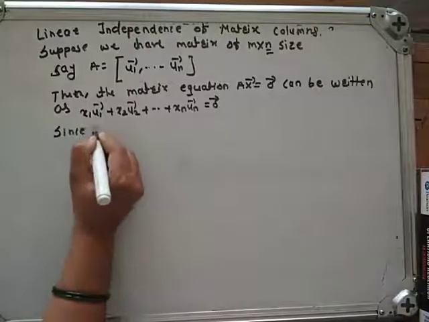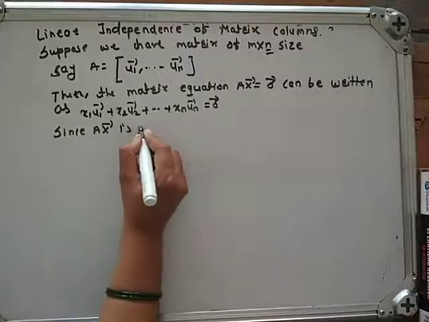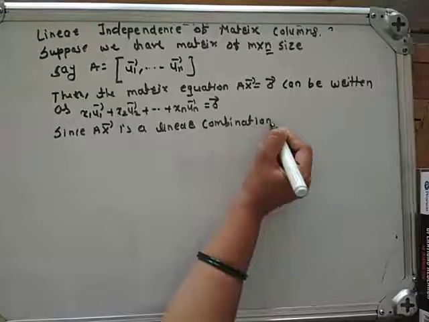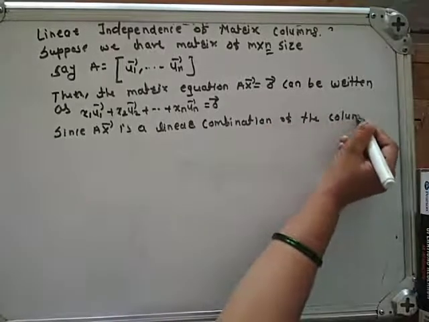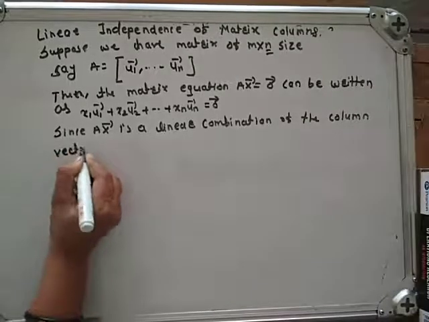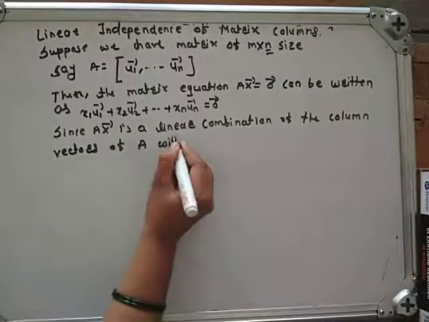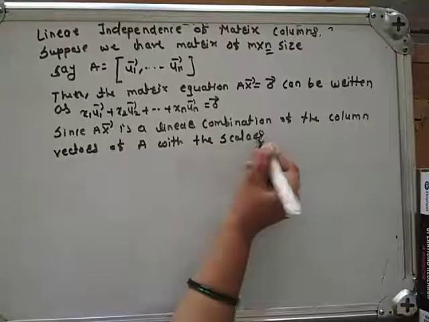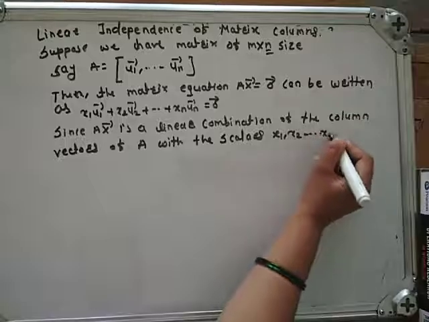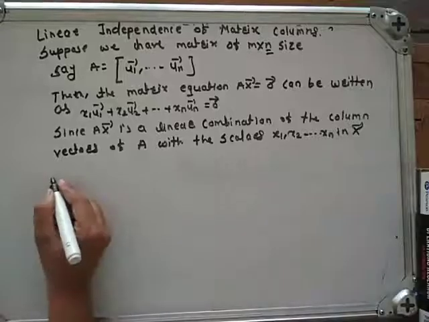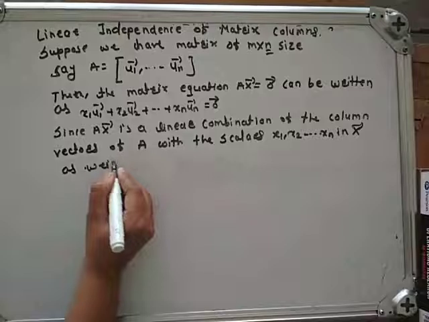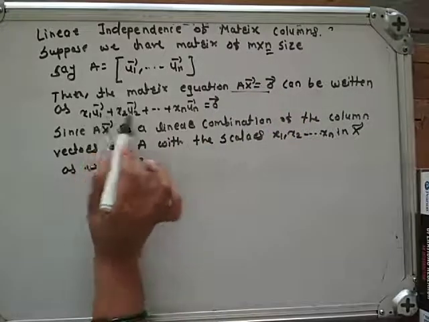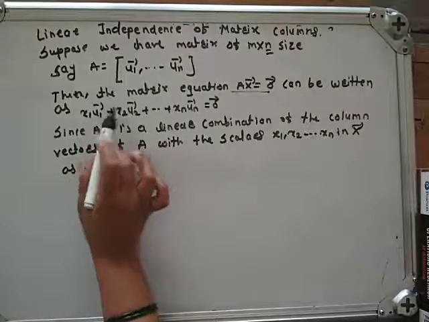See, A into x bar is a linear combination of the column vectors of A with scalars x1, x2 and so on xn in x bar.